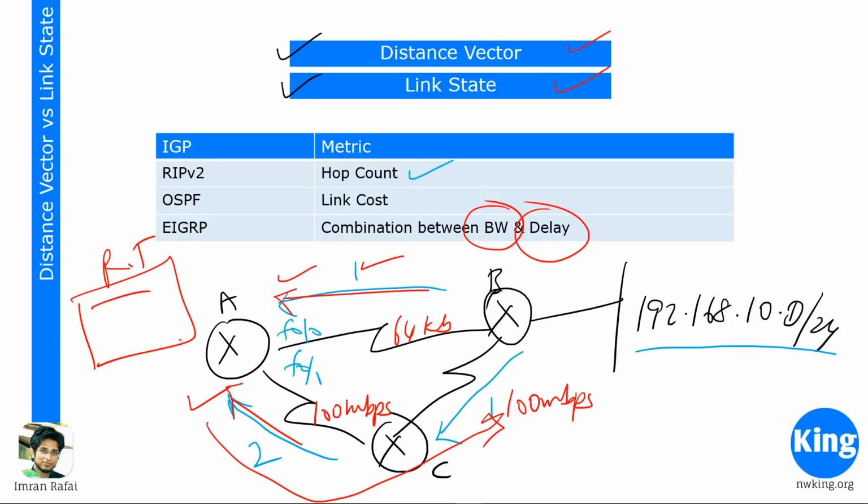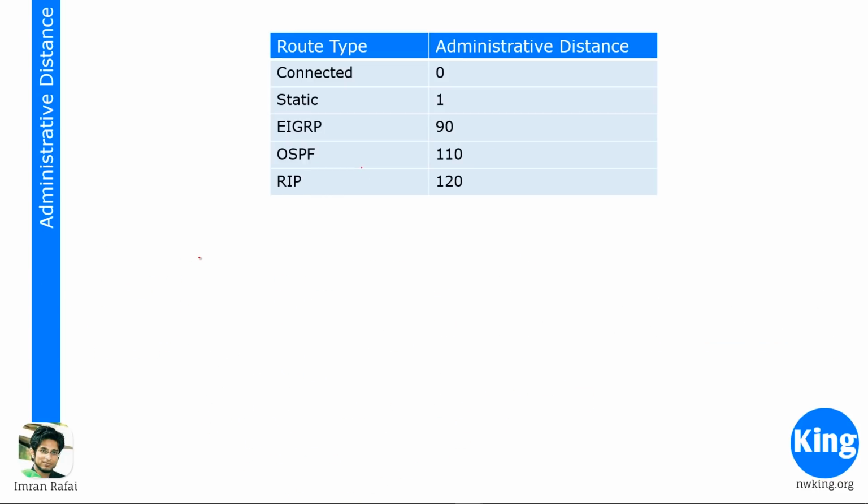So if both of them have exactly the same cost, you can do load balancing. Don't worry about all that. We will come back to load balancing, a little bit of OSPF, in our next video. But for this video, understand that load balancing is possible. But leave load balancing for a bit. It makes a decision, and one of the networks goes into the routing table, right? It's easy to make a decision.